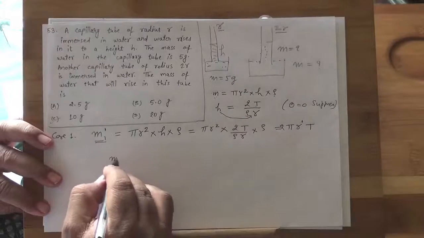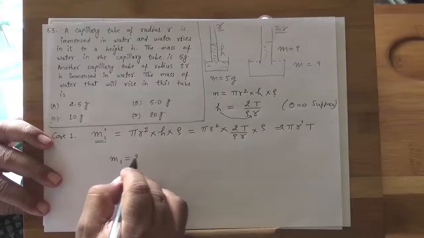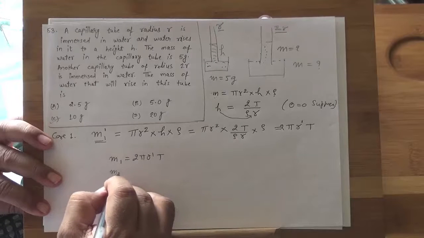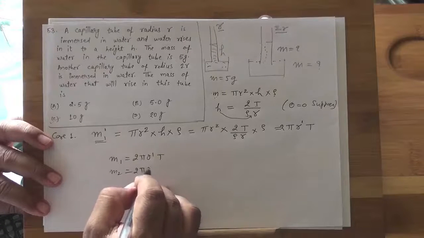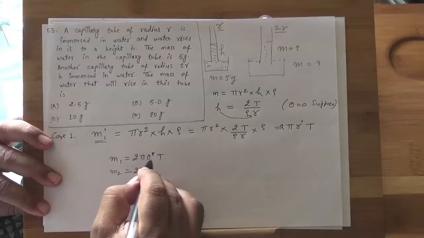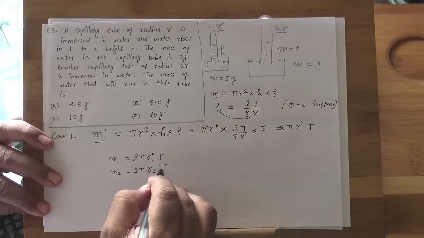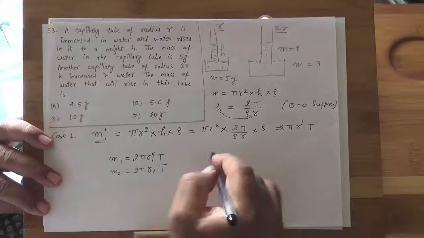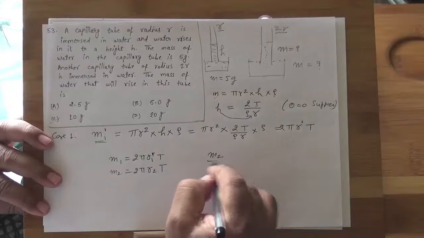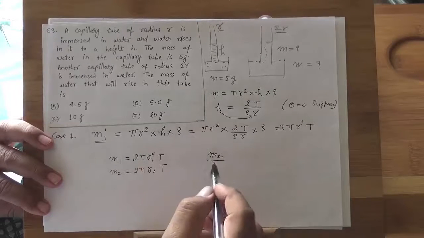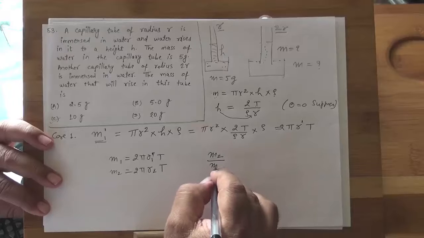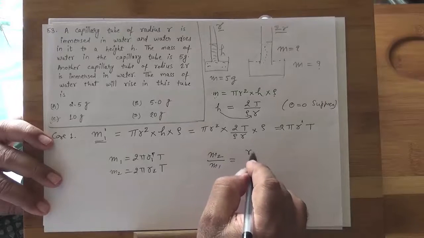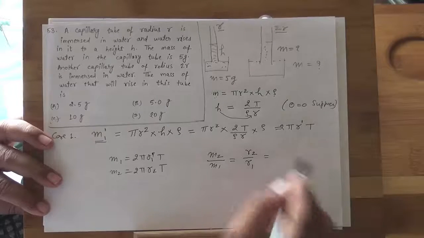So M1 is equal to 2 pi r1 t and M2 is equal to 2 pi r2 t. Now M2 upon M1. M2 we have to find out, therefore we put it in the numerator. M2 upon M1 is equal to 2 pi cancel, t cancel, so R2 upon R1.